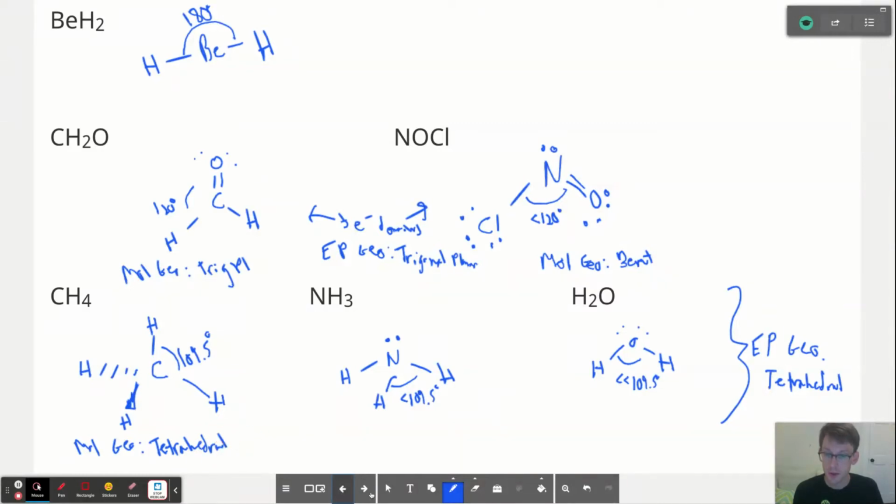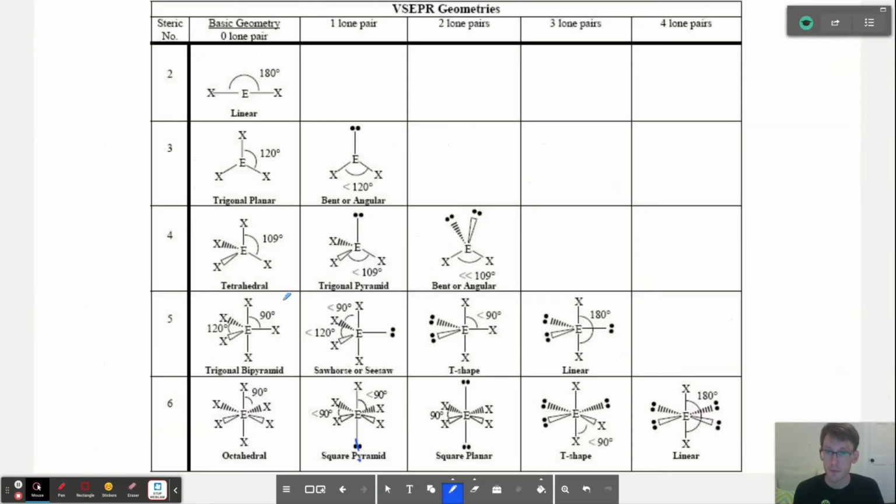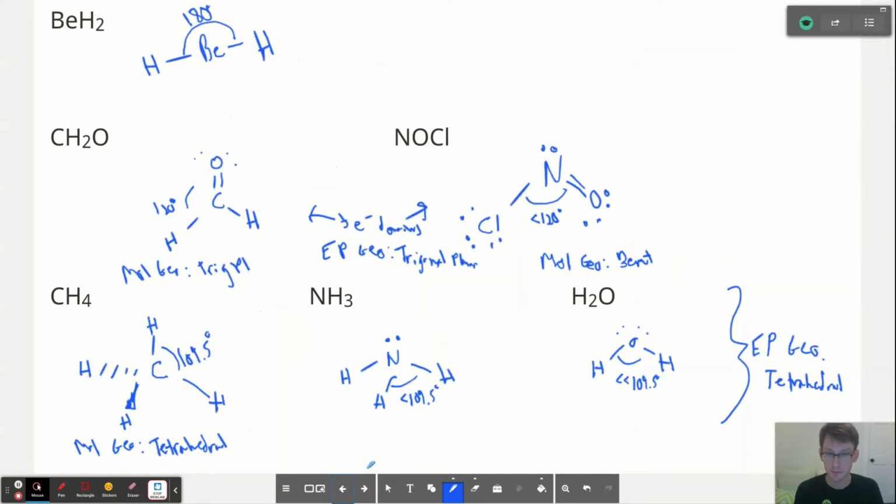For NH3, we have to look on this chart again. We have a steric number of 4, but there is 1 lone pair. We will call this trigonal pyramidal. This is going to be trig pyramidal, again with the molecular geometry.